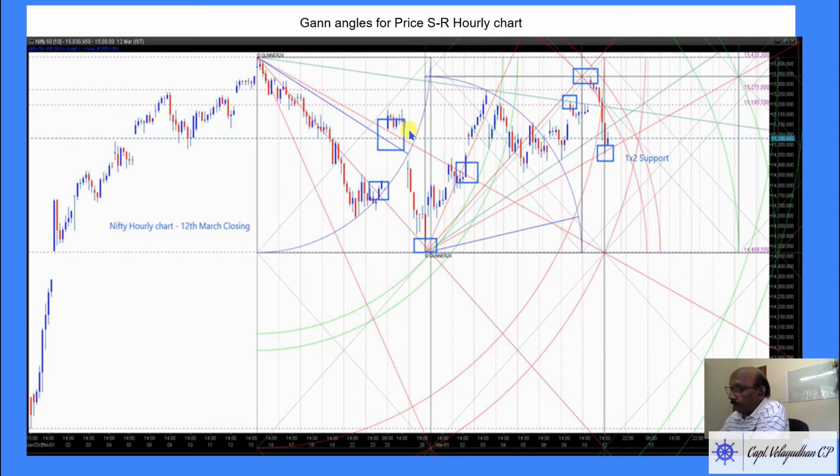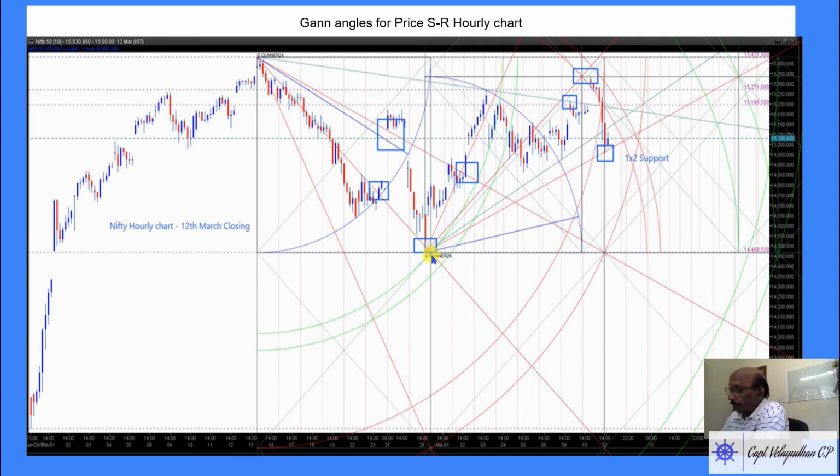For a few days the market moved from there, then gapped down up to this level. This level is the one by one Gann angle. It took support at the one by one Gann angle and price moved up.